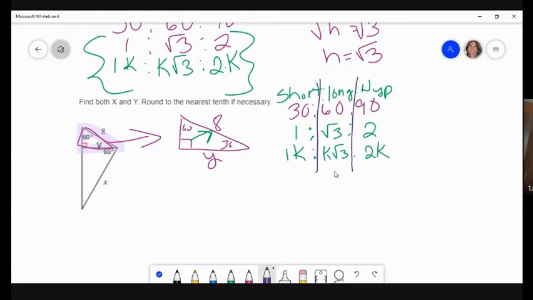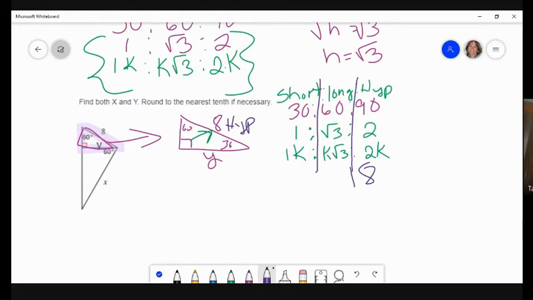The short side is opposite 30. It has the value of 1 times whatever, k. Long is k square root 3, hypotenuse 2k. So we're given our hypotenuse, which means 8 goes here.